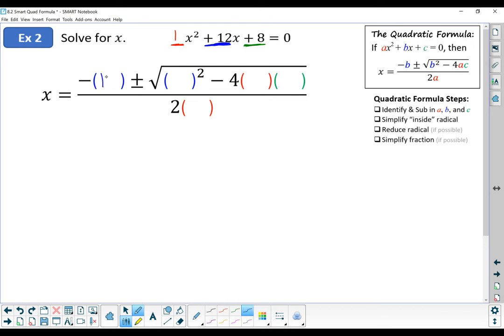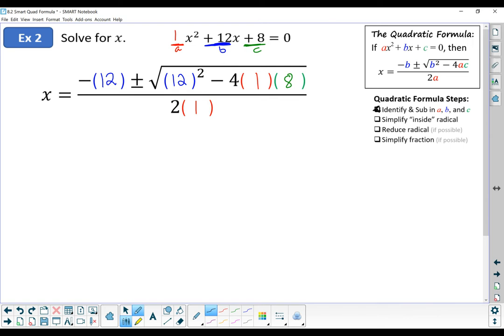So x is equal to the opposite of b plus or minus the square root of b squared minus 4ac, and that's all over 2a. All right, so we've got our a, b, and c substituted into our equation.